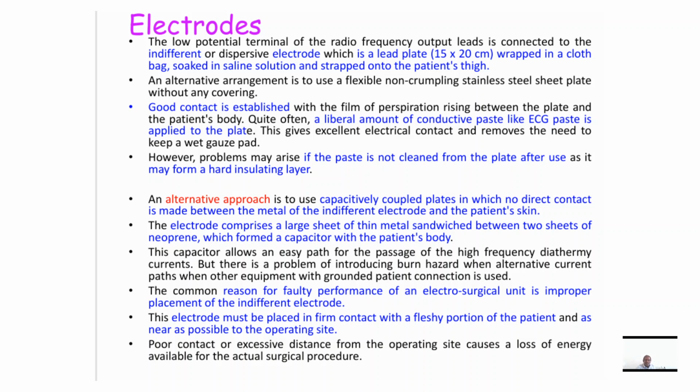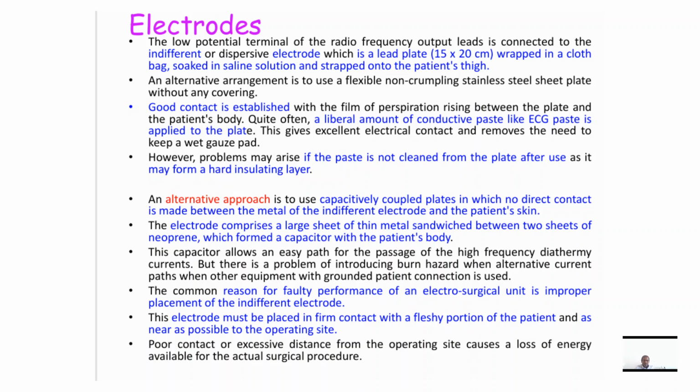This capacitor allows an easy path for the passage of the high frequency diathermic currents. But there is a burn hazard from an alternative current path when other equipment with a grounded person current is used.